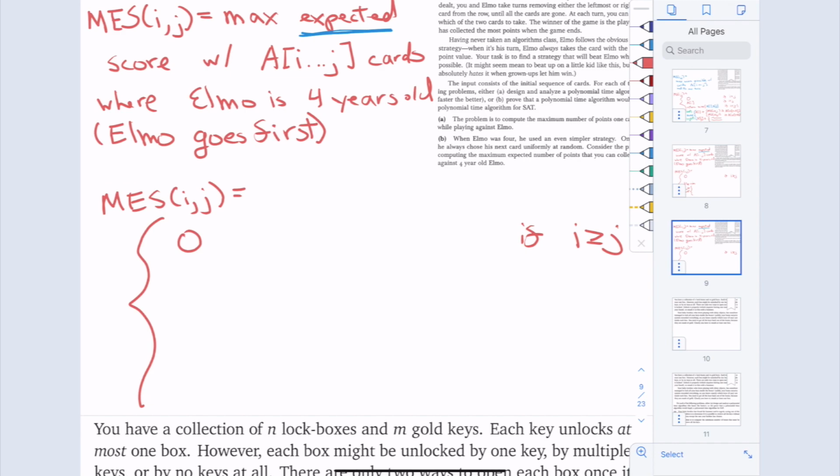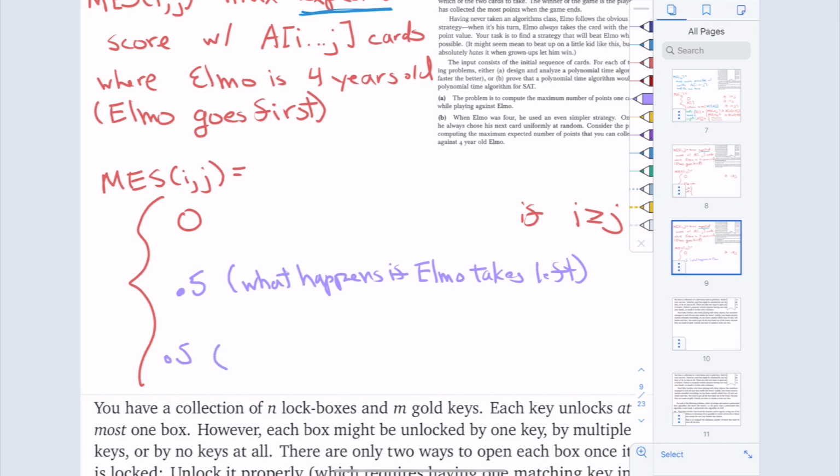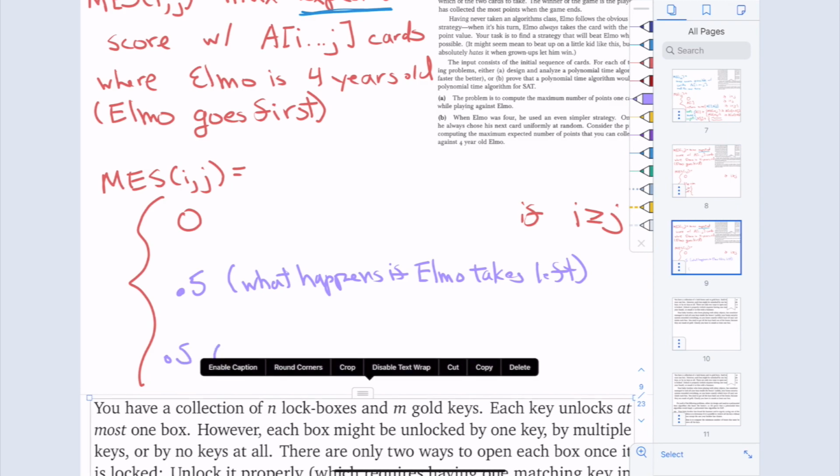Again, this is maybe more for curiosity. What happens if Elmo goes left? I know that Elmo will go left half the time, and then 0.5 of whatever I would do if Elmo goes right.